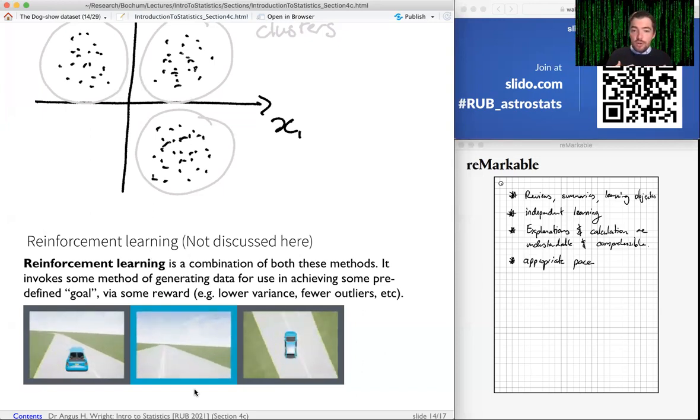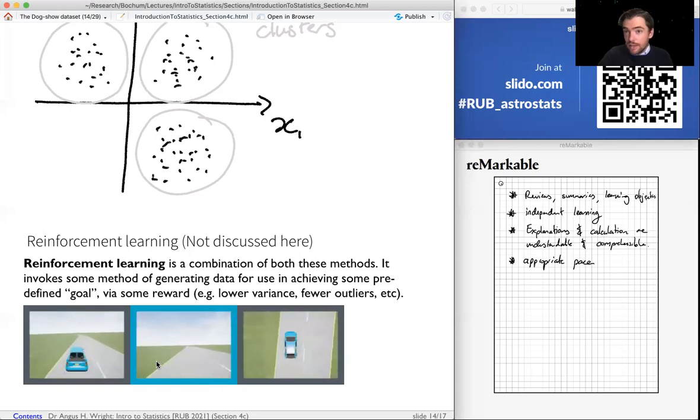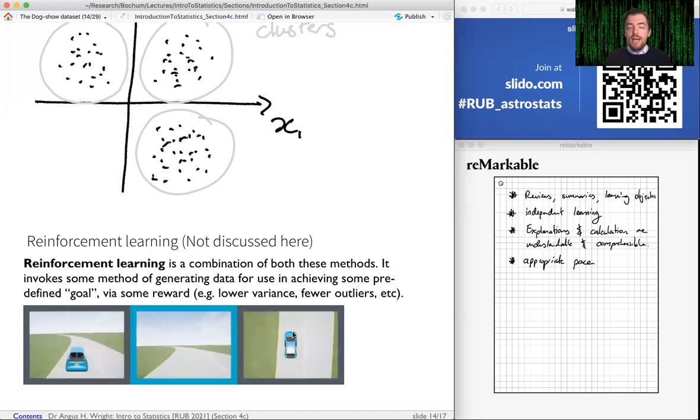And then it uses that particular policy to march forward through the data set until it gets to a point where you have a failure, essentially, which is it leaving the road. And then it goes, was this better or worse than my previous policy? And it updates the policy and goes again. And this is reinforcement learning.